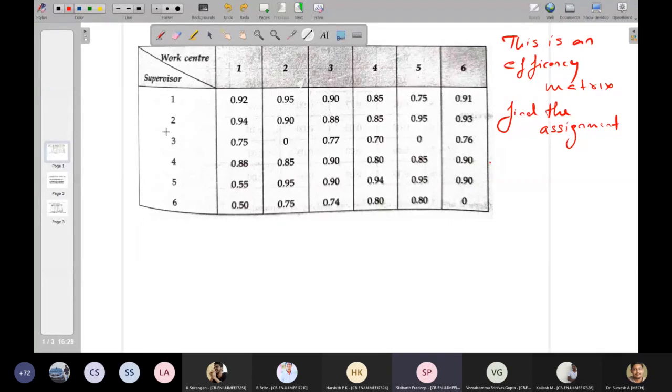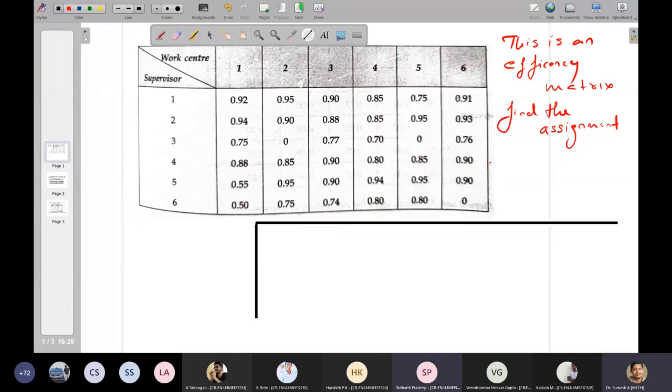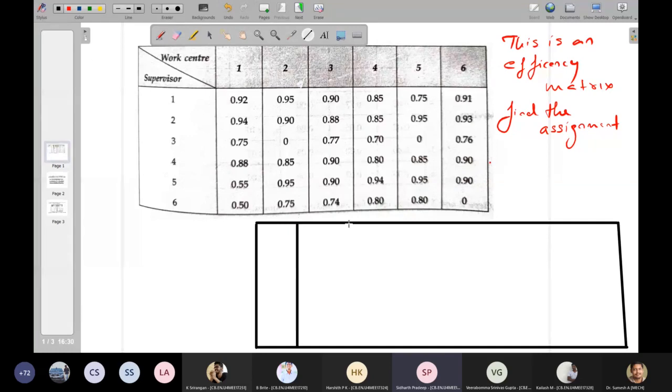You should take the highest value, sir, and then assign it to the supervisor. If we consider the first row, we'll assign it to 2 because 0.95 is the highest value. Or directly, we should make it 1, I guess.